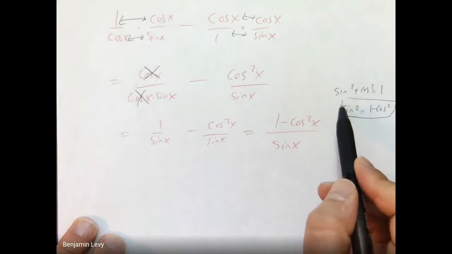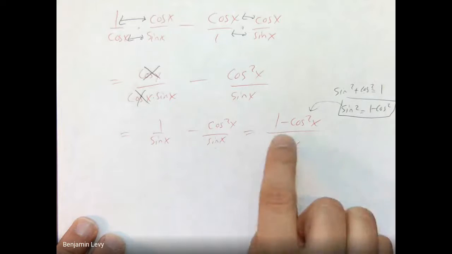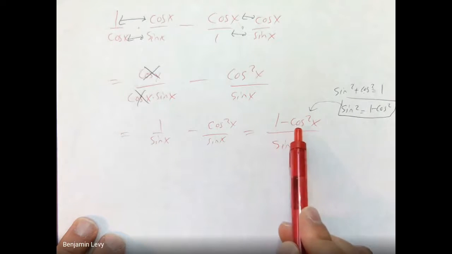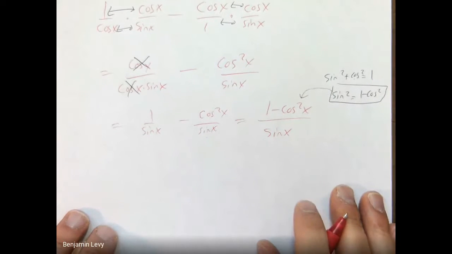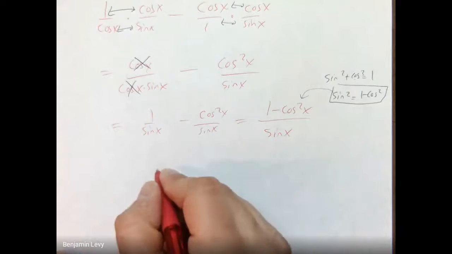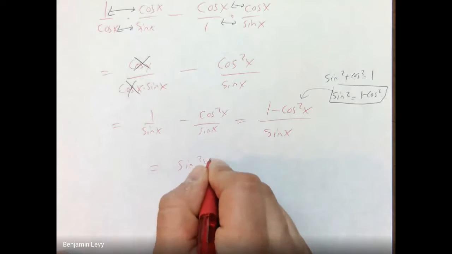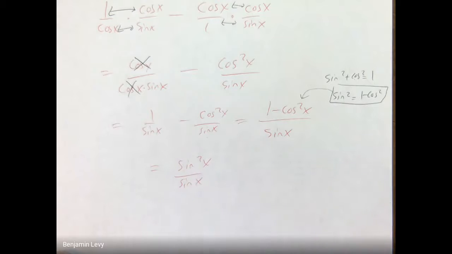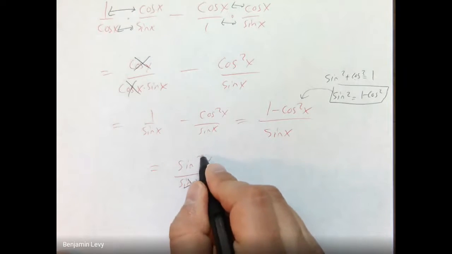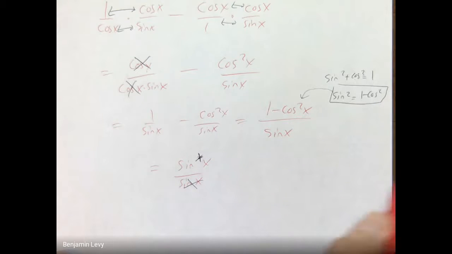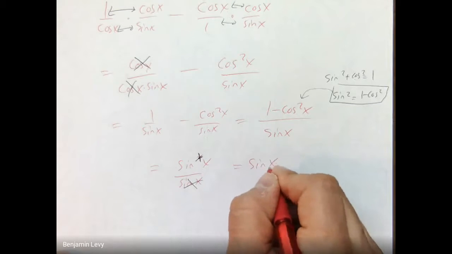And so you can use this right there, right? So you can replace the 1 minus cosine squared with sine squared. And so this just becomes sine squared over sine. And then the 1 in the bottom cancels with 1 in the top. So your answer is just sine.